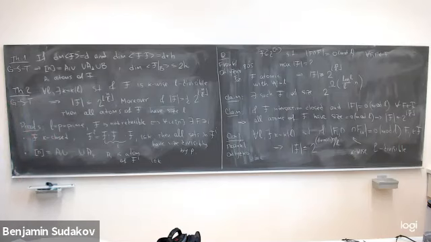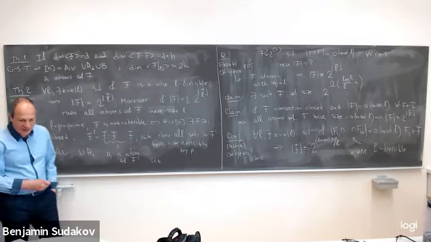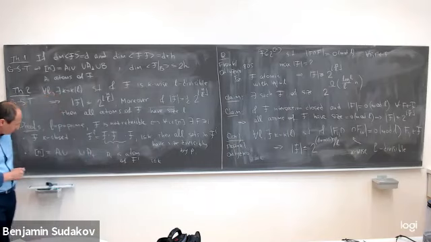So the proof would be by induction. I will show you that in this situation, one of these atoms has size divisible by P, and then I can delete it and use induction. Now, one remark on why I can use induction.